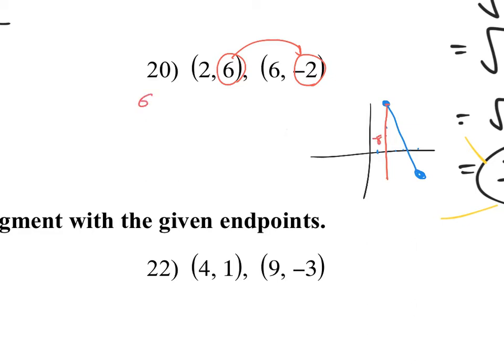You could think about it as -2 minus 6, this minus this, right? That gives you -8. And then over, you go from 2 up to 6, right? That's an increase of 4, so this is 4.